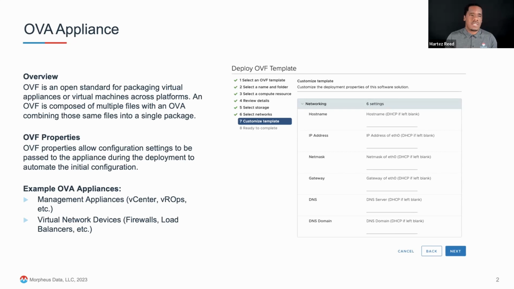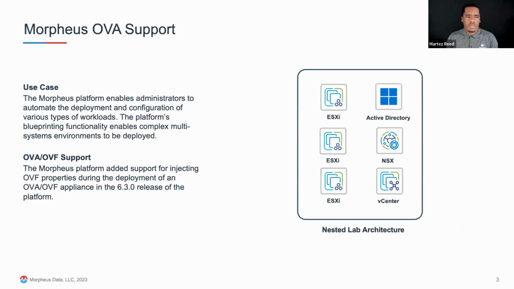So now that we've taken a look at what OVA appliances are, the primary use case and why someone would leverage it, let's carry on. Support for injecting OVF or OVA properties, technically it's OVF properties, the two in many ways could be used interchangeably, was added in the 6.3.0 release of the Morpheus platform.